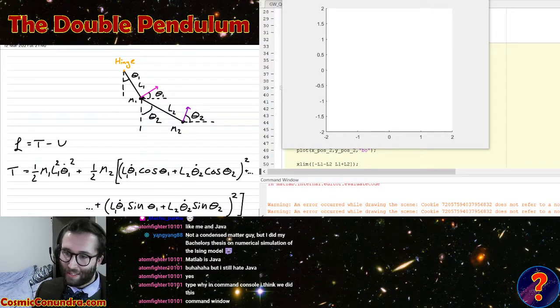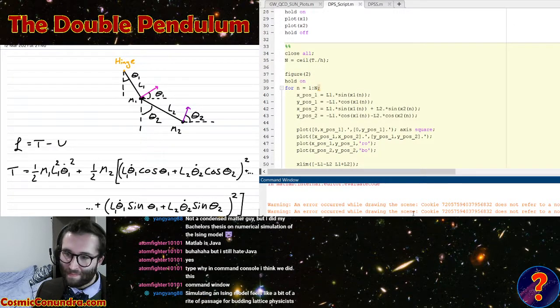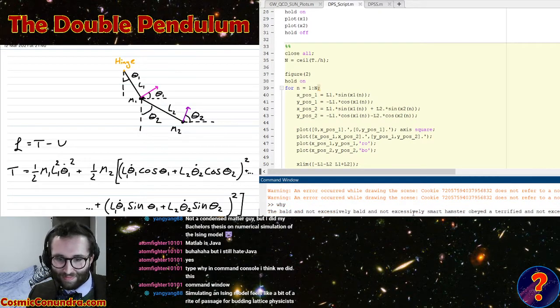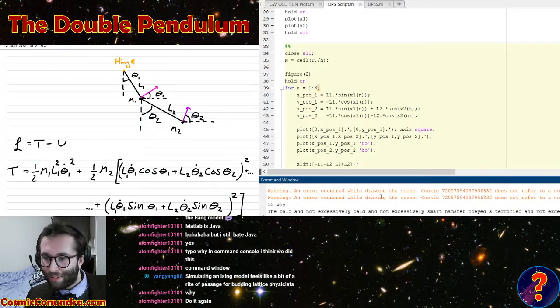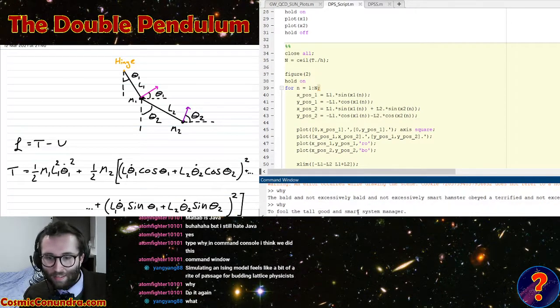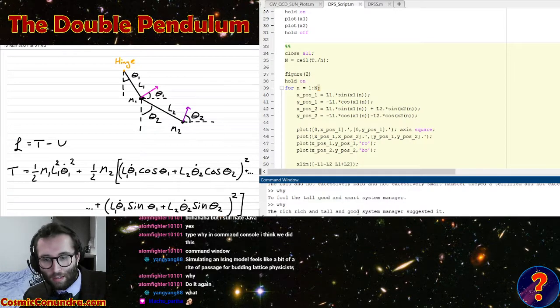Type Y in command console. I think we did this. Wait, what? Type Y in here? Is that what you mean? Oh my god. The bald and not excessively smart hamster obeyed a terrified and not excessively terrified hamster. What the heck? I've never seen that before. Why? To fool the tall, smart, and good system manager. Why?